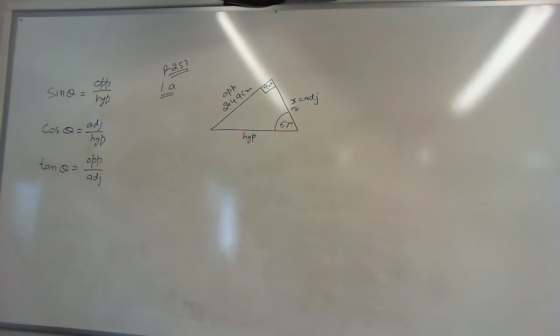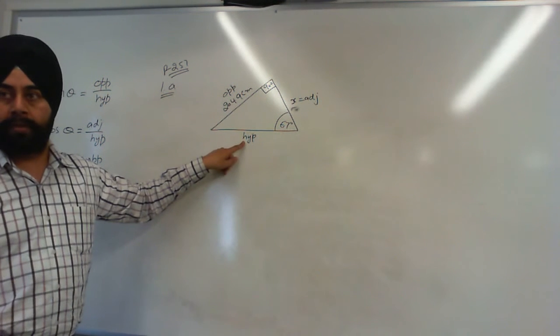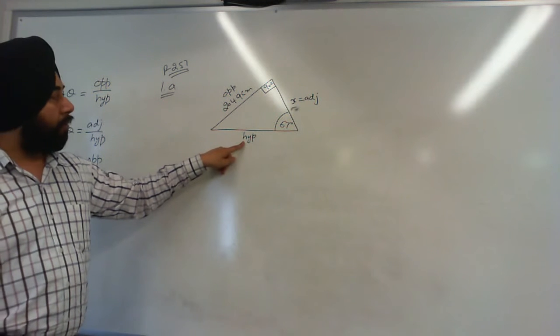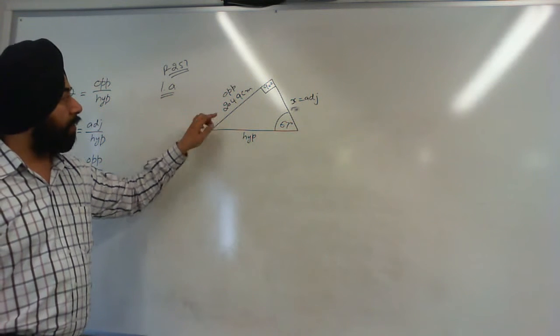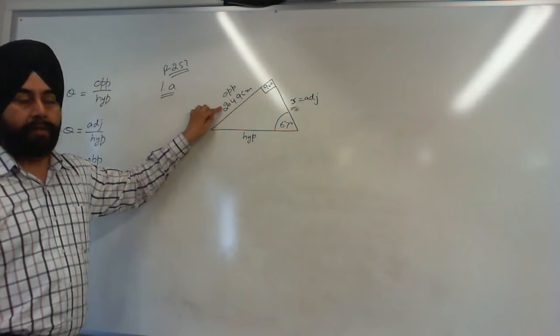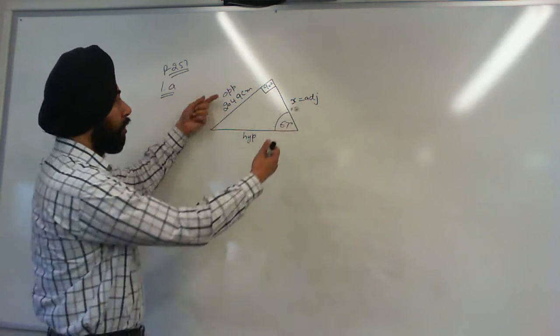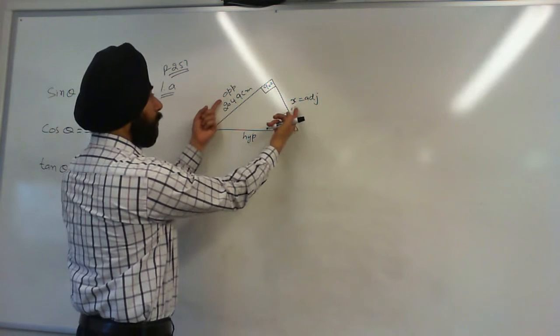Okay, now which one will you use? Is the hypotenuse known to you? No, it's not given. The side that is given is opposite, right? And what you want to find is adjacent. So these two things should be involved in your formula.